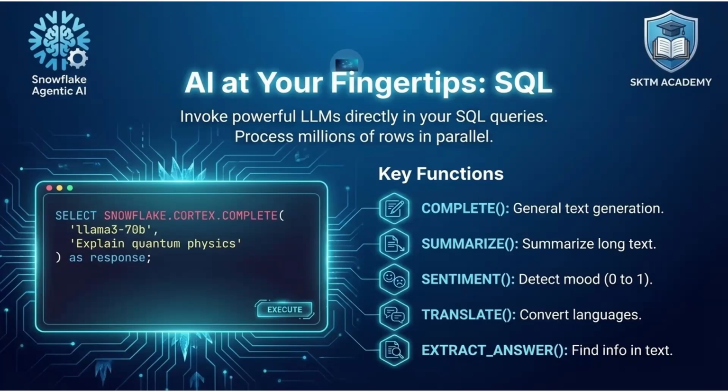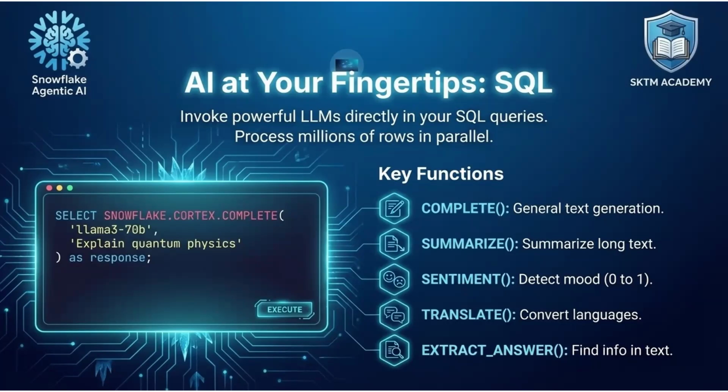The complete function in AISQL is going to help us in Cortex to provide information and summarize. If you have a long text and description, it will summarize the information. And sentiment analysis helps us see the customer polarity, positive or negative, during the conversation.